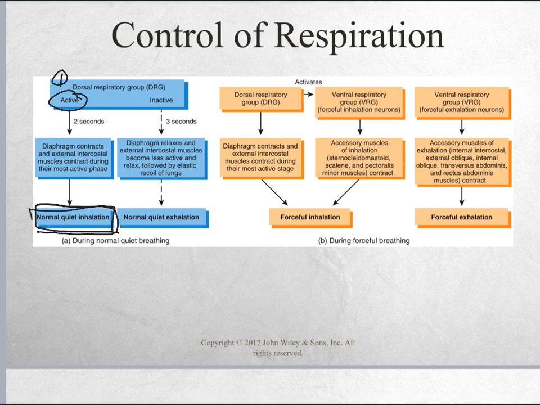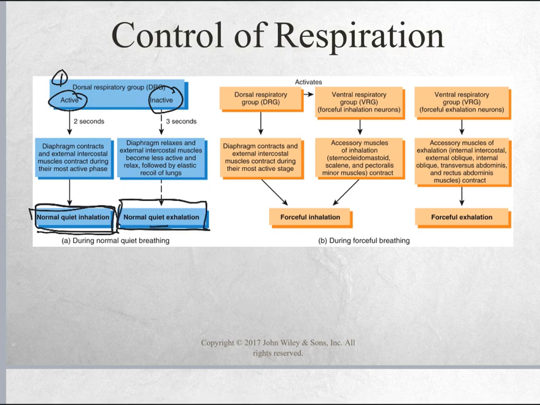So again, we're talking about tidal volume. We're talking about these small amounts of air, 300 to 500 mL, going in and out during eupnea. When the DRG is inactivated, our two muscle groups, the diaphragm and the external intercostals, are going to relax and become less active. This is also going to work in conjunction with the relaxation of the elastic recoil of the lungs, which gives us normal quiet exhalation.